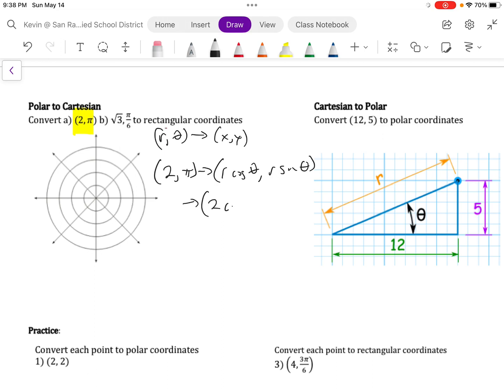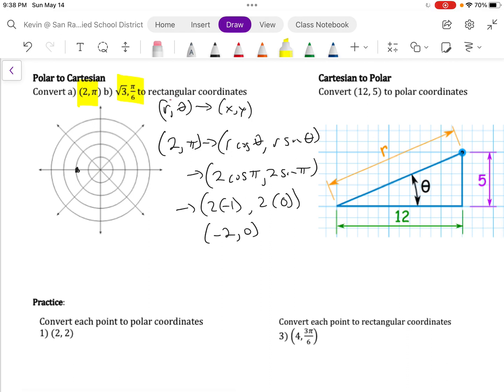So let's go 2 cosine pi, 2 times sine of pi. We have to remember the unit circle: the cosine of pi is -1, and the sine of pi is 0. So our answer is -2, 0.